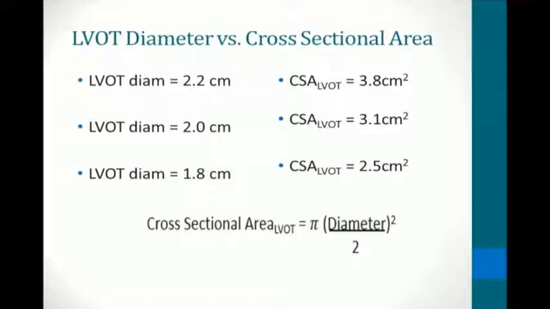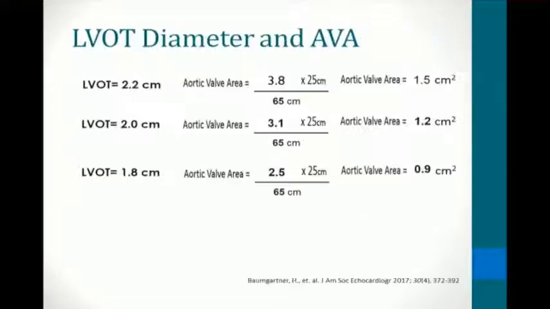Now 1.3 doesn't sound like too much of a difference, but if we plug it into the rest of the equation, you can really see a difference in the valve areas. So again, we have our 3 sonographers with their different LVOT diameters. We'll pretend they measure the exact same LVOT VTI of 25 centimeters and aortic valve VTI of 65 centimeters.